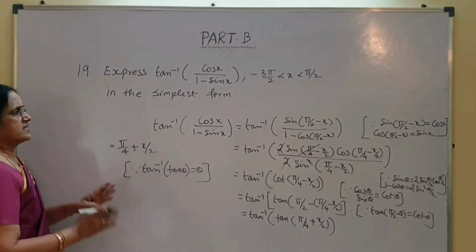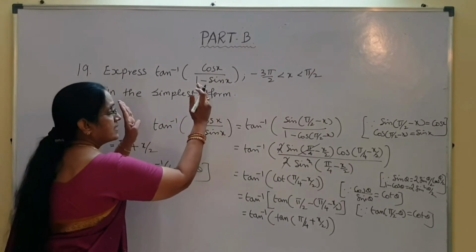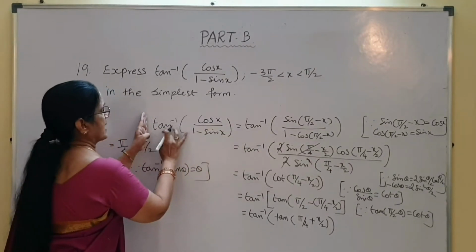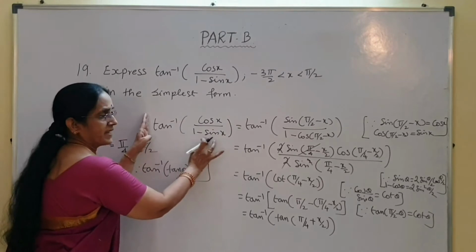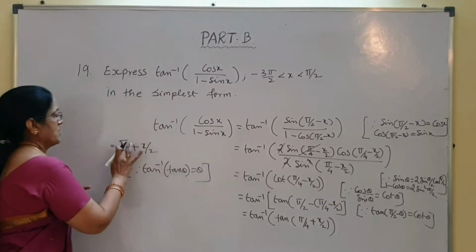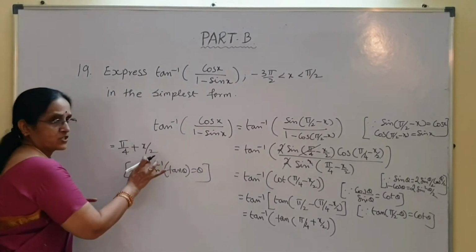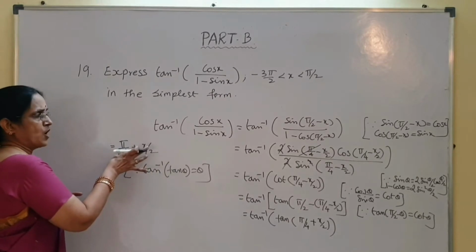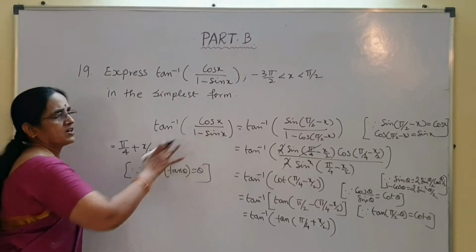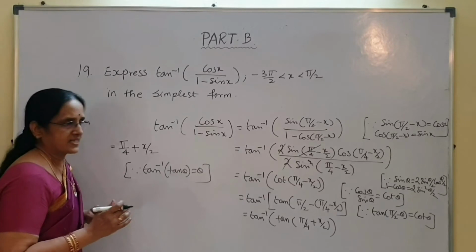Or in other words, I have written this inverse function tan inverse cos x by 1 minus sin x as pi by 4 plus x by 2. So this is the simplest form of this tan inverse cos x by 1 minus sin x.